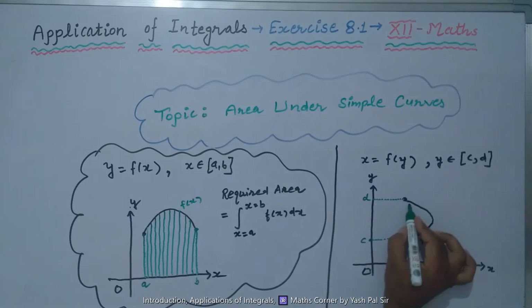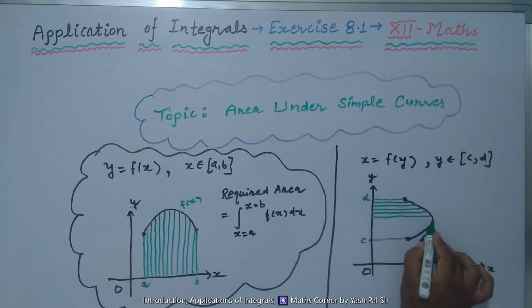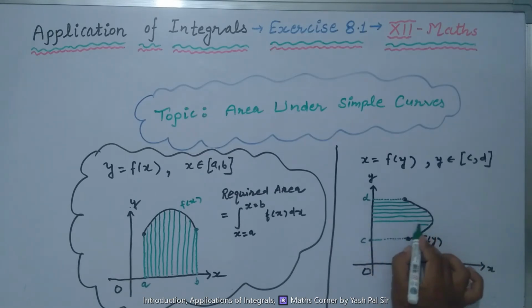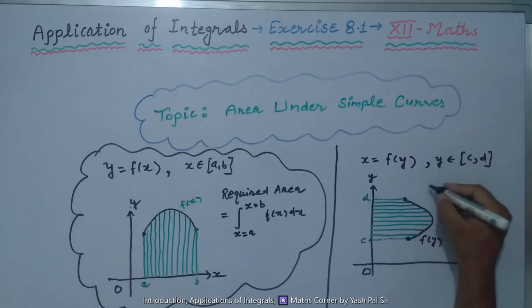Now shading the area under the curve up to the y-axis this way, this shaded portion is the area which is enclosed under the given curve f of y up to the y-axis.